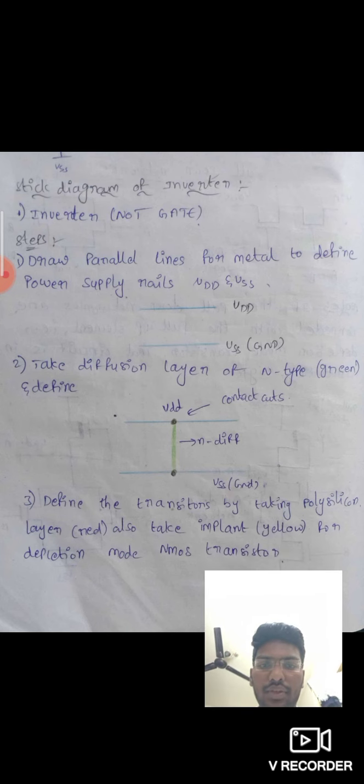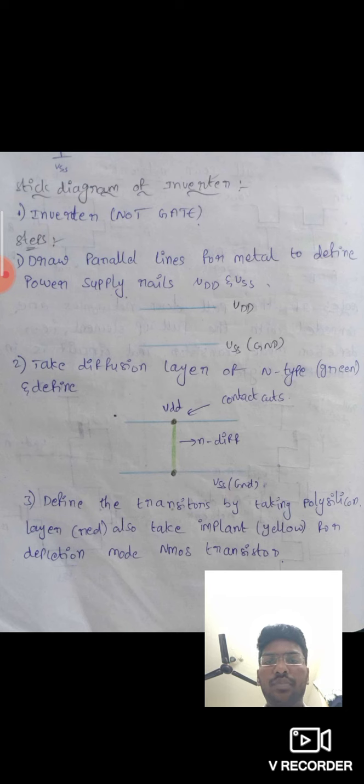Let us consider a diffusion layer of n-type. As mentioned in the previous slide, it is indicated with a green color. Then we know that the contact cut color is black, and we mark the contact cuts with black color.